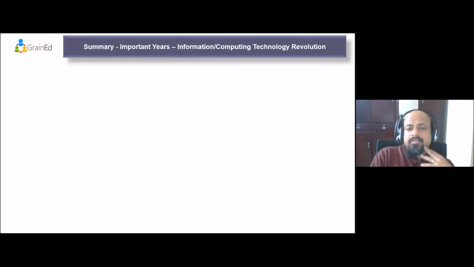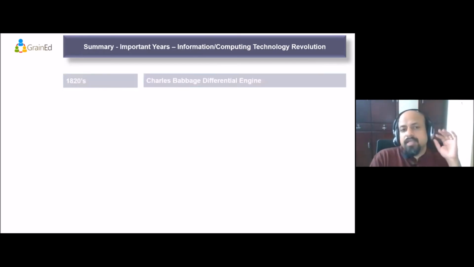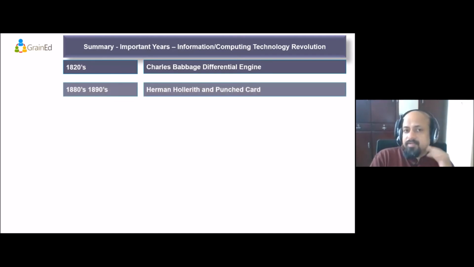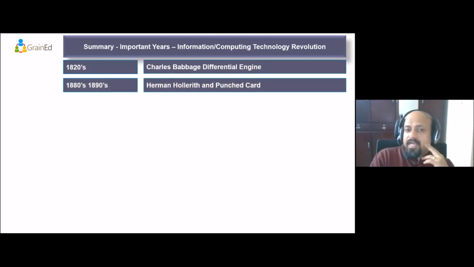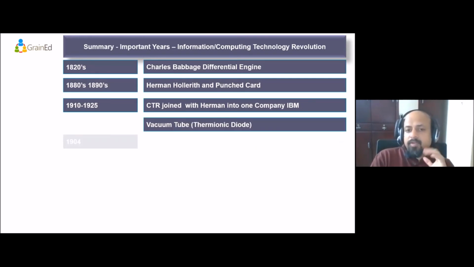So if I summarize all those important years, not just these 50 years in this information and computer technology revolution: 1820, Charles Babbage's difference engine was a very important point. 1890, Herman Hollerith's punched card, a very important key milestone. 1910 to 1925, CTR and Herman Hollerith joining to form IBM, one of the most important points.